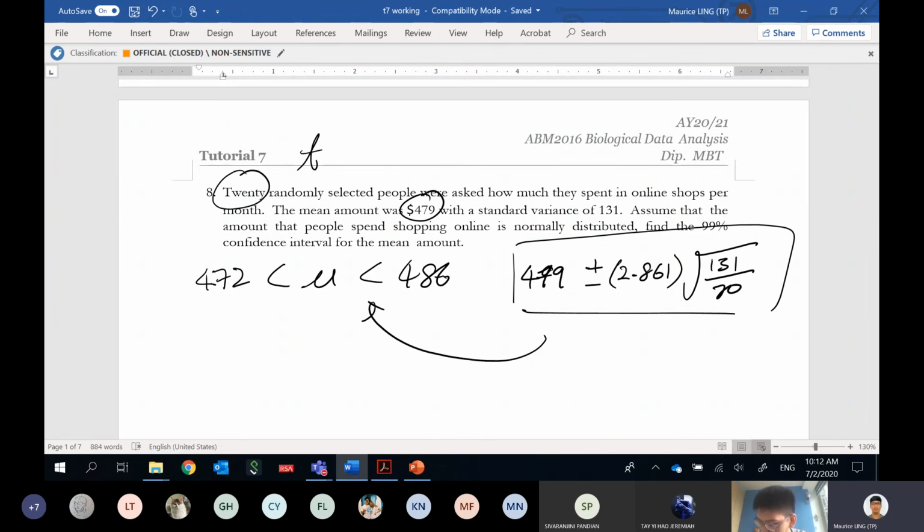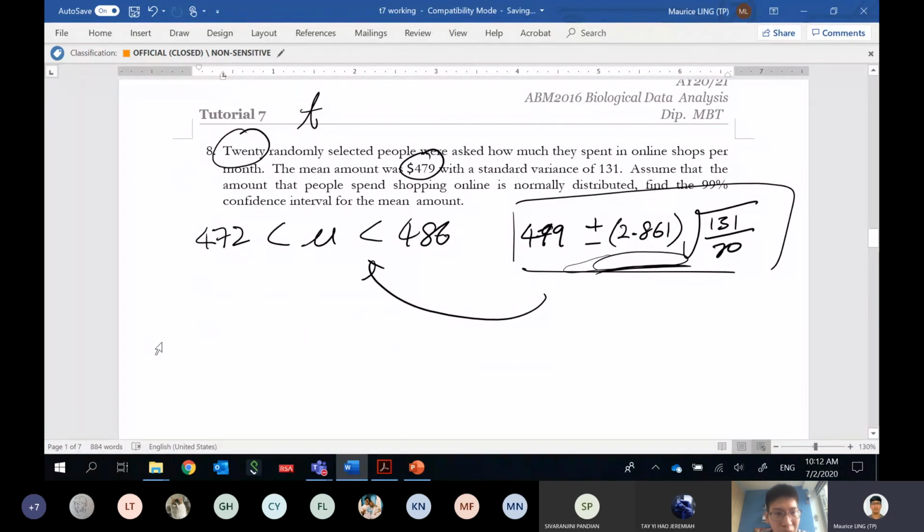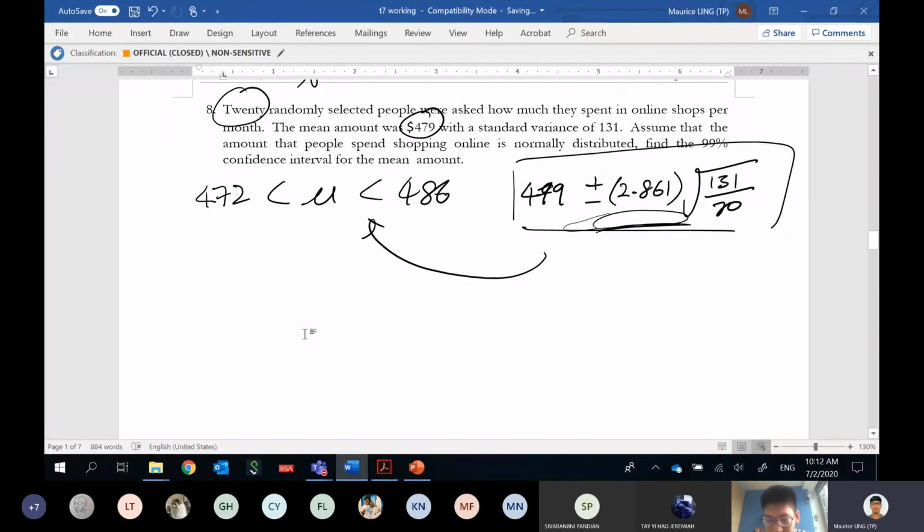So what is this equation that you use? So to get the lower range, I use 479 minus 2.861. Then the 2.861 was multiplied by the square root of 131 divided by 20.